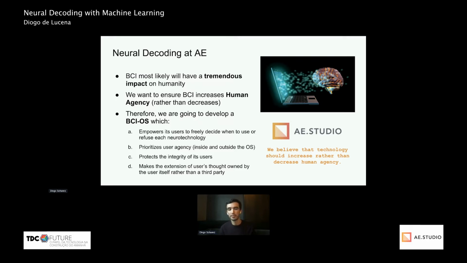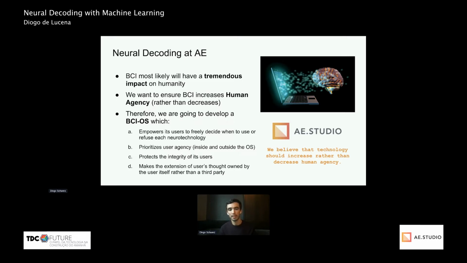So we want to try to create this BCIOS in a way that we can take all these different kinds of sensors that can measure brain activity, and create tools that people that are developing new BCI software or BCI applications can use to facilitate the creation of new systems, but keeping the user as the focus and prioritizing user agency, privacy of data, letting the person that is using it decide when they want to use it and how they want it to be used.